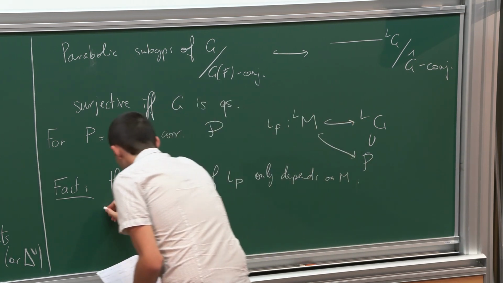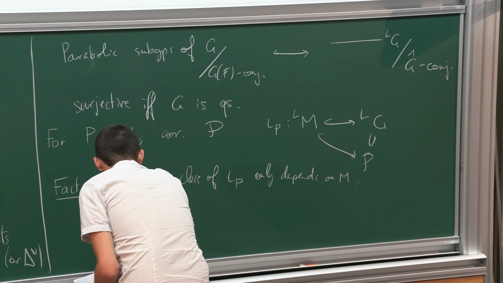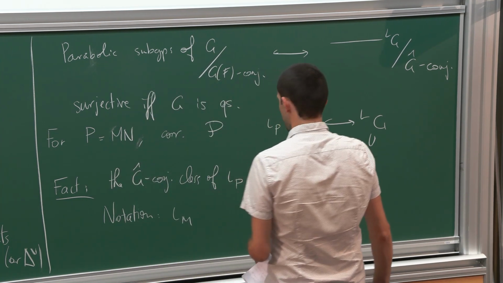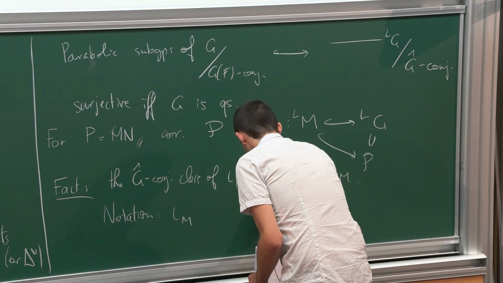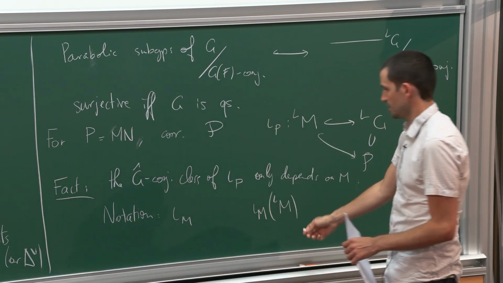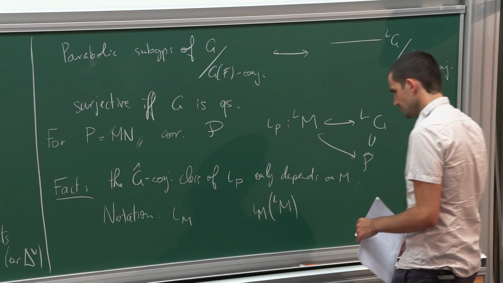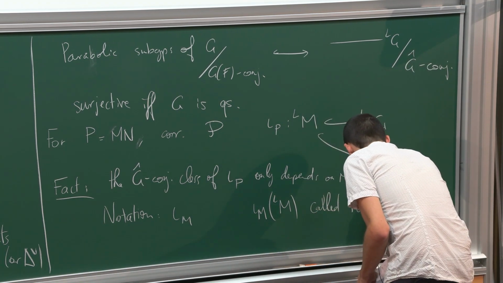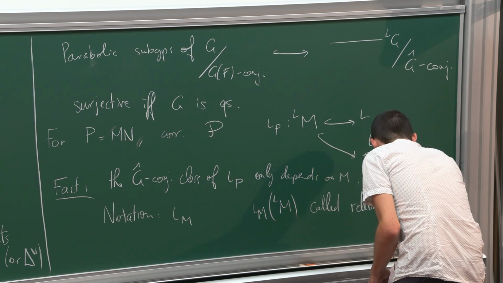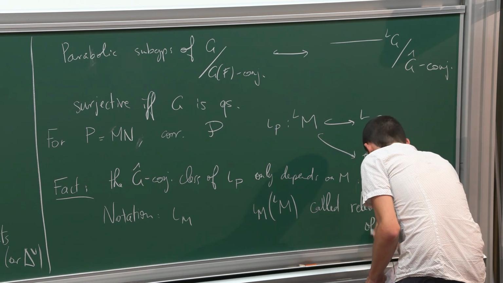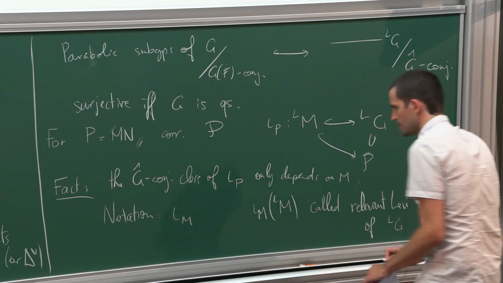So the notation will be iota M, and the images of these iota M's will be called relevant Levi subgroups of LG.